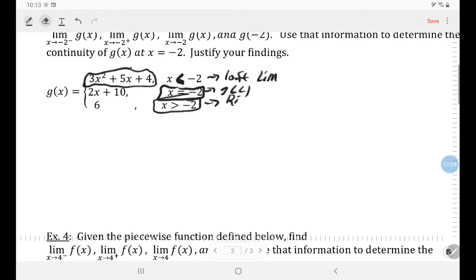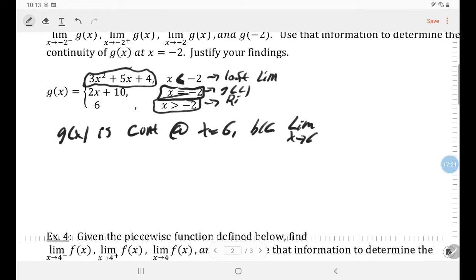So I'm going to write it up, and I'm going to justify it. I can tell you g of x is continuous at x equals -2 because the limit as x approaches -2 of g of x exists. g of -2 exists.